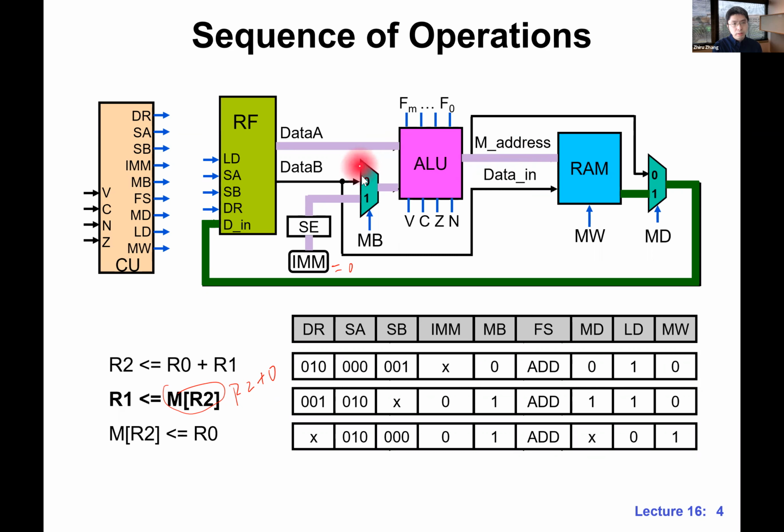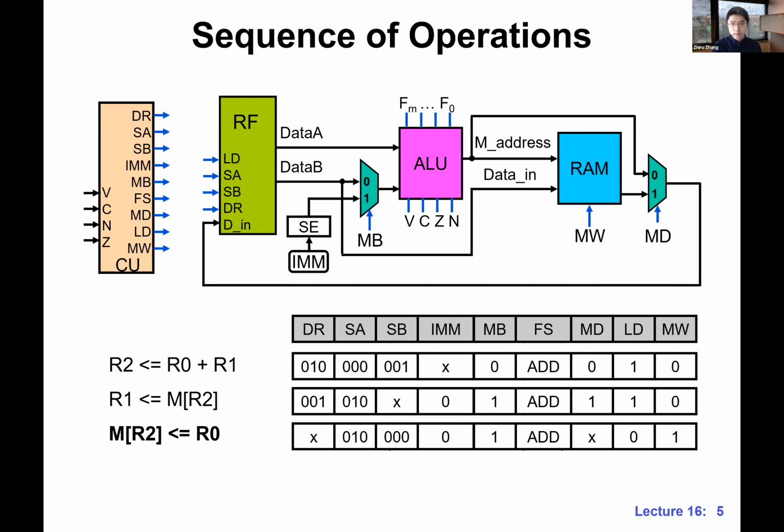This is what we use the ALU for: to compute base plus offset. That's how we get the address. Once we have the address, we can get the data out. This is the real data, the actual data that we are writing back to the RF. So I'm using the purple line to indicate the address, and the green line to indicate the actual data.